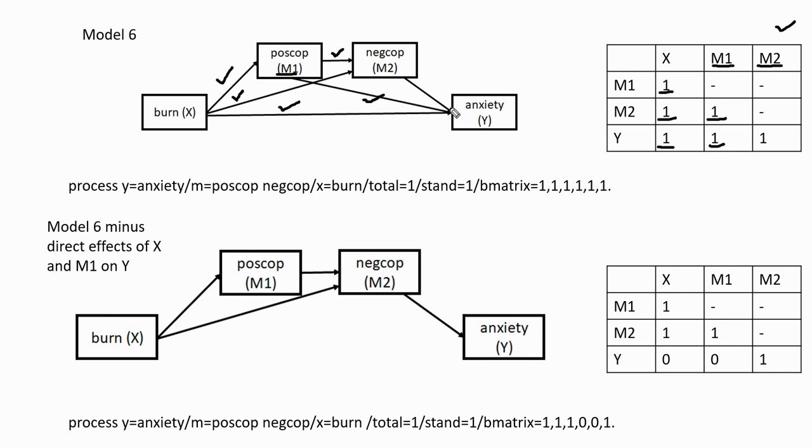Then we have M2 predicting Y, so we're dealing with this path and we're fixing that coefficient to 1. So now you can see that where we have B matrix, we're setting that equal to 1, 1, 1, 1, 1, 1, and then again we have a period at the very end.